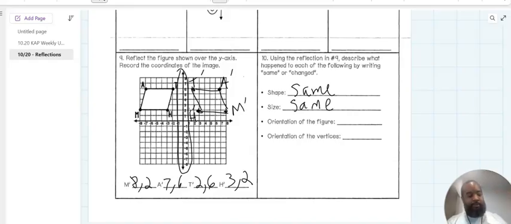In this case, yes, it did happen, so we're going to say changed. And the last one is, did the orientation of the vertices change? Well, it didn't rotate, so that would be considered the same.